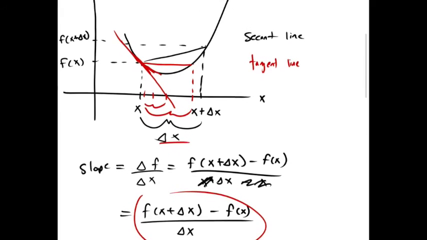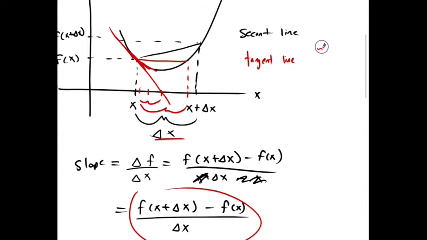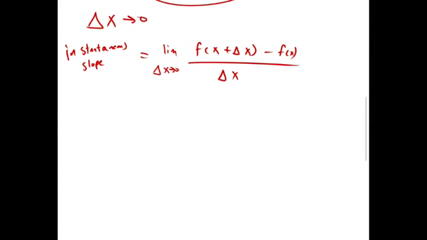Instantaneous just means at that point, at x itself, not between x and some other point. We call this the derivative, and instead of f of x, we write f prime of x. And instead of delta x, to save space, we just write h. H is just one character where delta x is two, so it's easier to write.